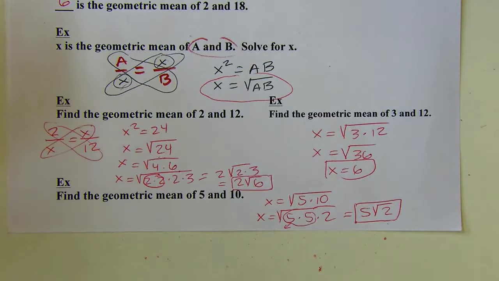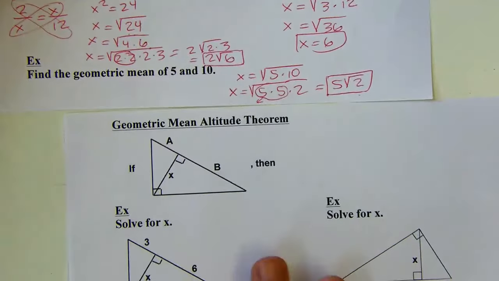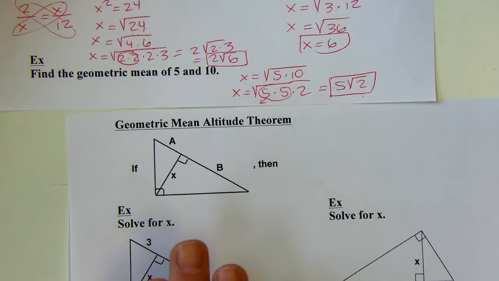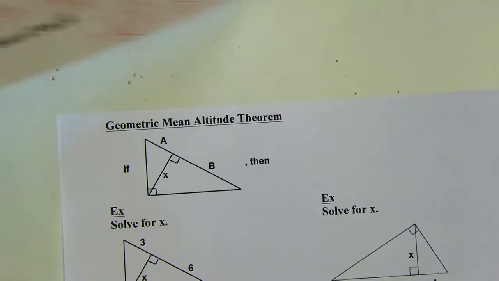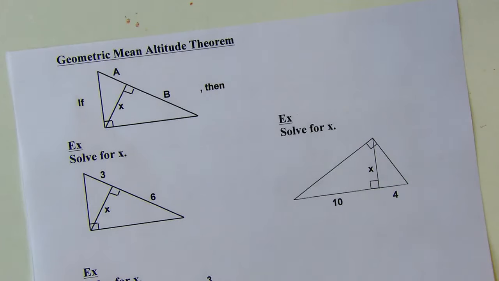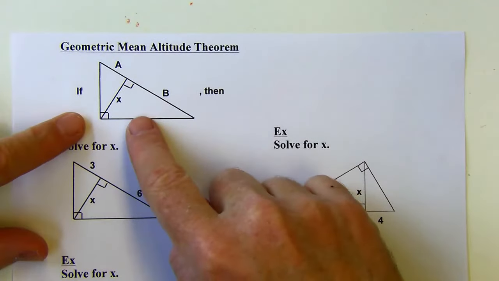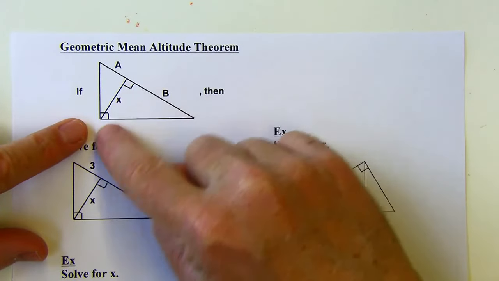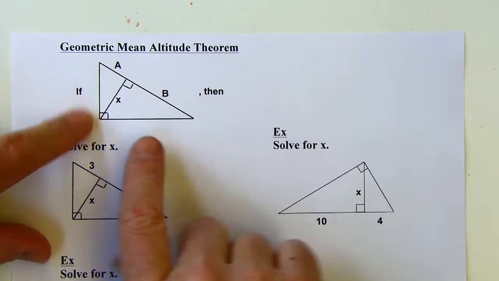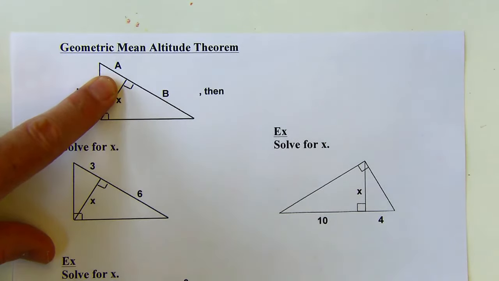Okay, so now I'm going to apply this back to this situation where we've got a big right triangle cut up into 2 smaller right triangles. Okay. So when this happens, if you've got a triangle cut up like this, the line in the middle is going to be the geometric mean between A and B. Okay?